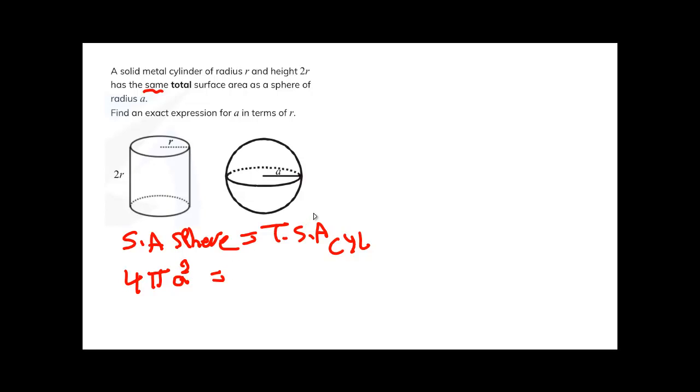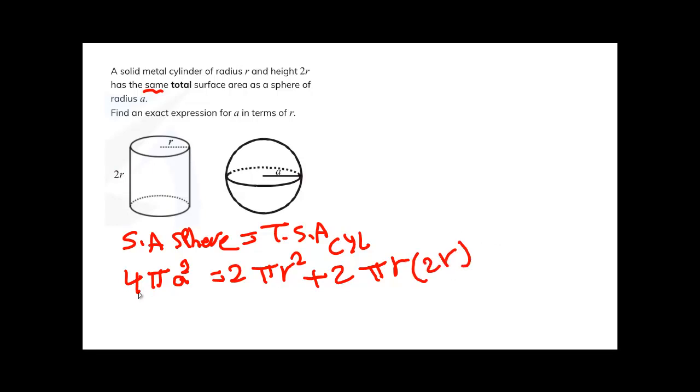This equals the total surface area of the cylinder, which is the two areas of the two circles, so this will be 2 pi r squared, plus the lateral area or the curved area, which is 2 pi r h, and h here is 2r, so now we can just substitute h with 2r.